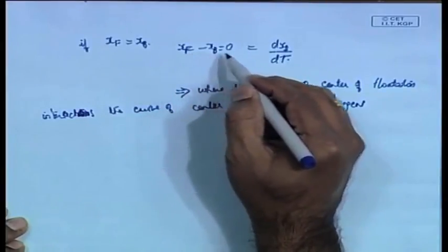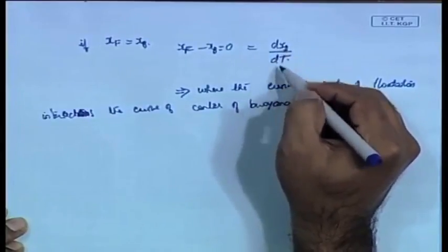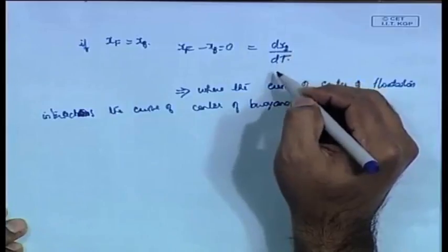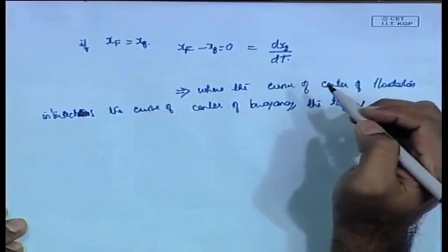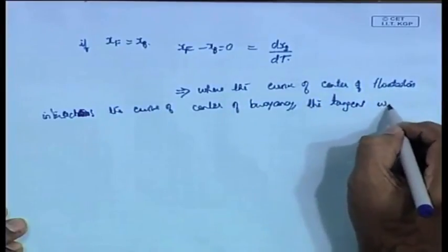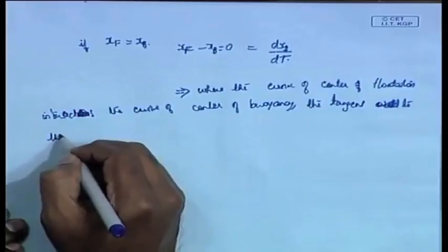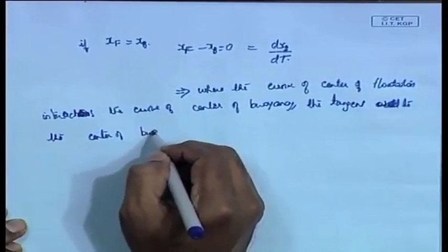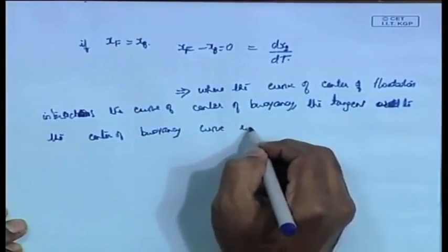So x f minus x b is equal to 0 is equal to d x b by d t. What does it mean when d x b by d t is 0? That means that this curve of x b versus draft will be vertical. The tangent to the center of buoyancy curve at that point will be vertical.